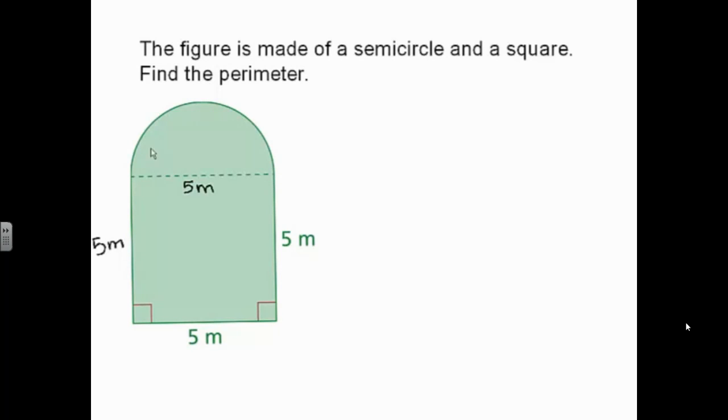So to find the circumference of a semicircle, we will first start out by using the formula for the circumference of a circle, which is C is equal to pi times the diameter. And since this is a semicircle, it is half of a circle. So we'll be dividing by 2. So now to find the circumference of a semicircle, we will use 3.14 for pi and multiply that by the diameter, which is 5.